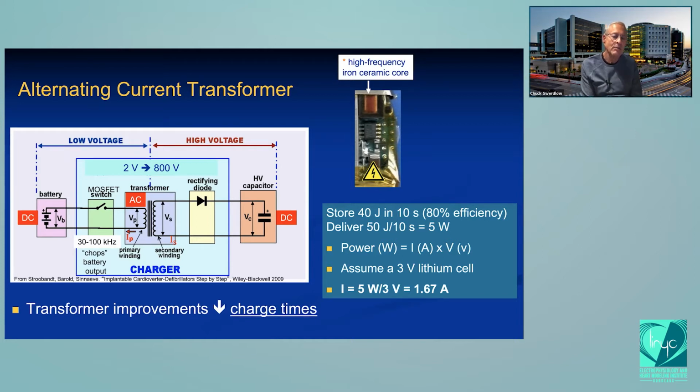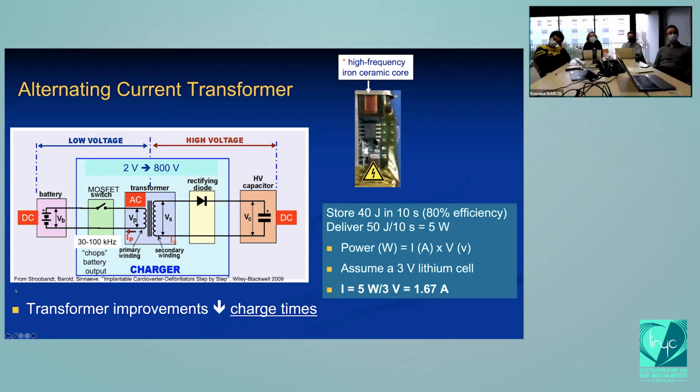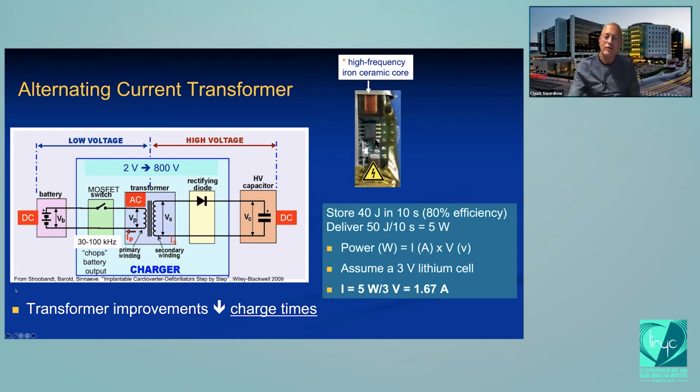And so in the middle of your defibrillator is a little block of ceramic with an iron core that is an alternating current transformer. And these are like the transformers that, for example, heat up in your laptop, right?